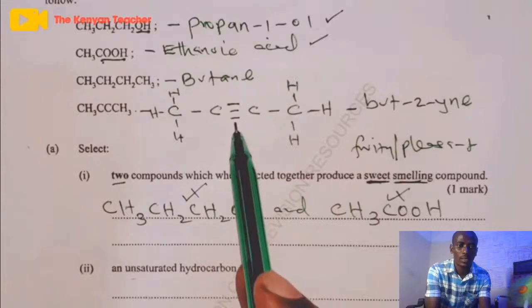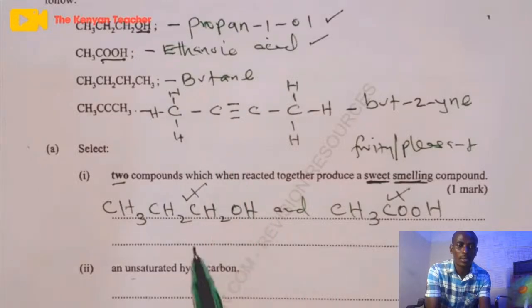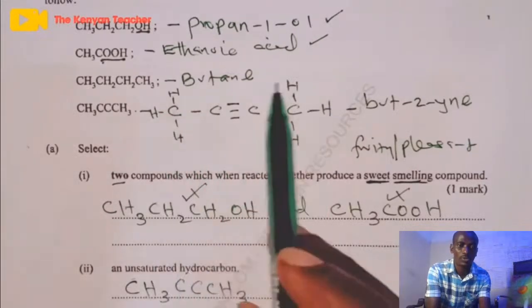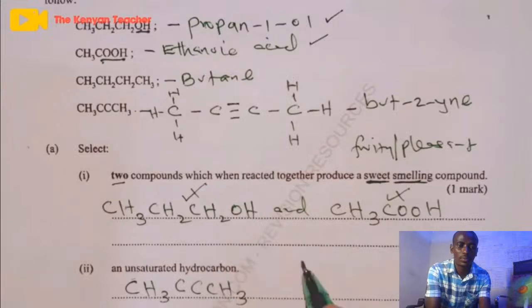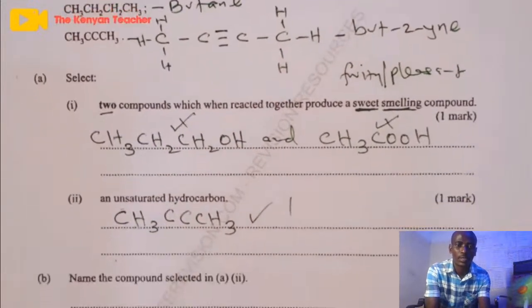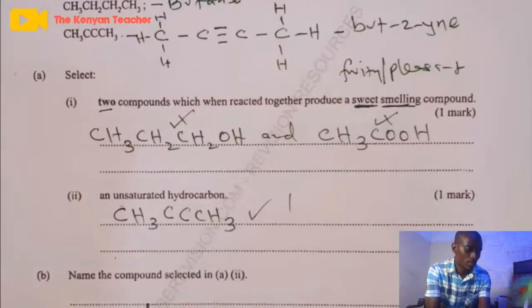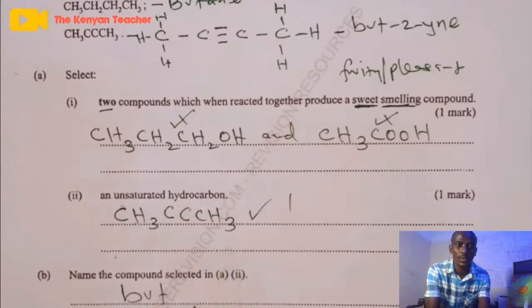Then the next question: the 2 compounds, an unsaturated hydrocarbon or a saturated hydrocarbon. You realize this question moves with the question above. Saturated hydrocarbon, that's a very good one, butane. Then name the compound selected in A2.